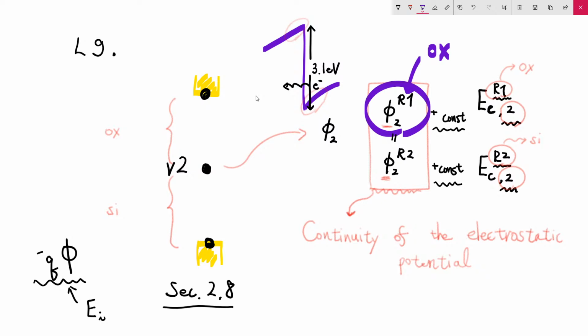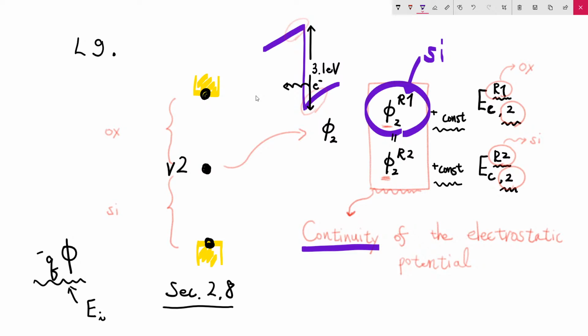However, although we are talking about the oxide region, this electrostatic potential refers to the intrinsic energy level of silicon. That's the reason why we can have continuity.